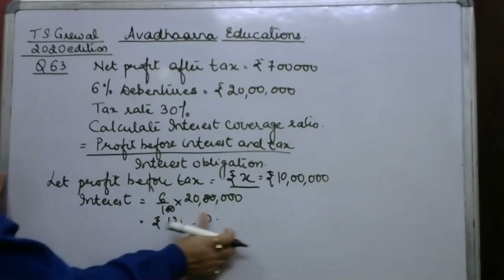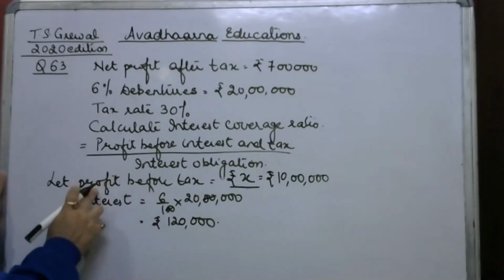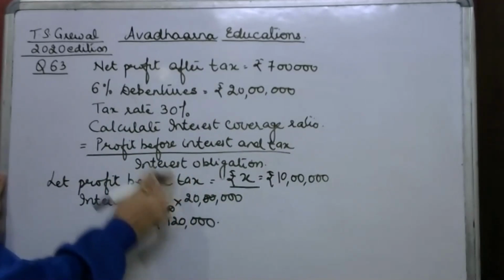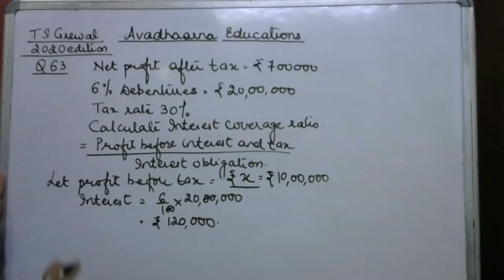Interest is 1,20,000. Now, if I add interest in profit before tax, we will get profit before interest and tax. Fine. So, interest we have calculated it is 1,20,000.